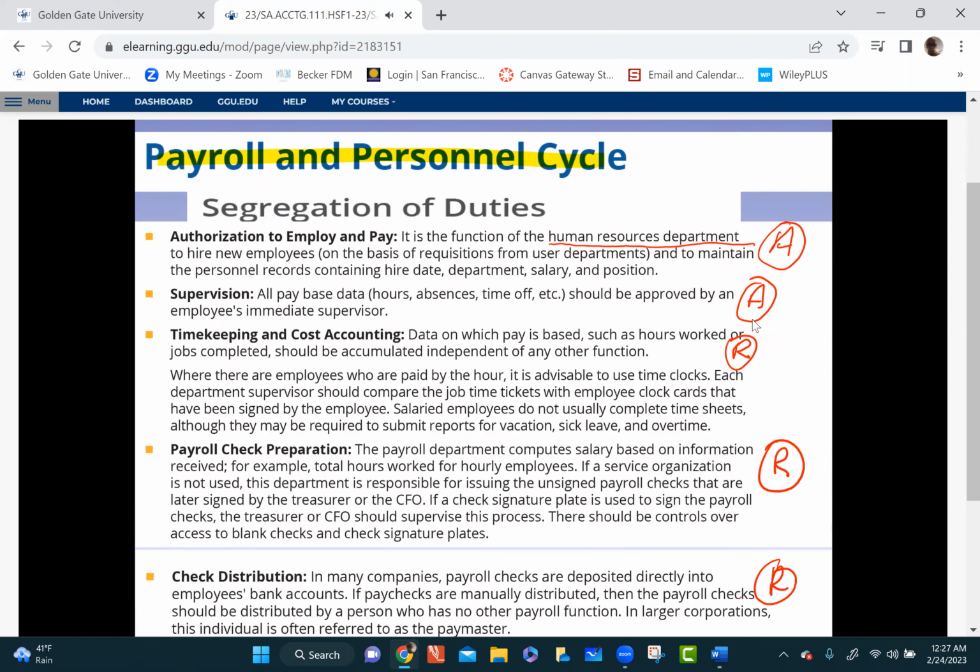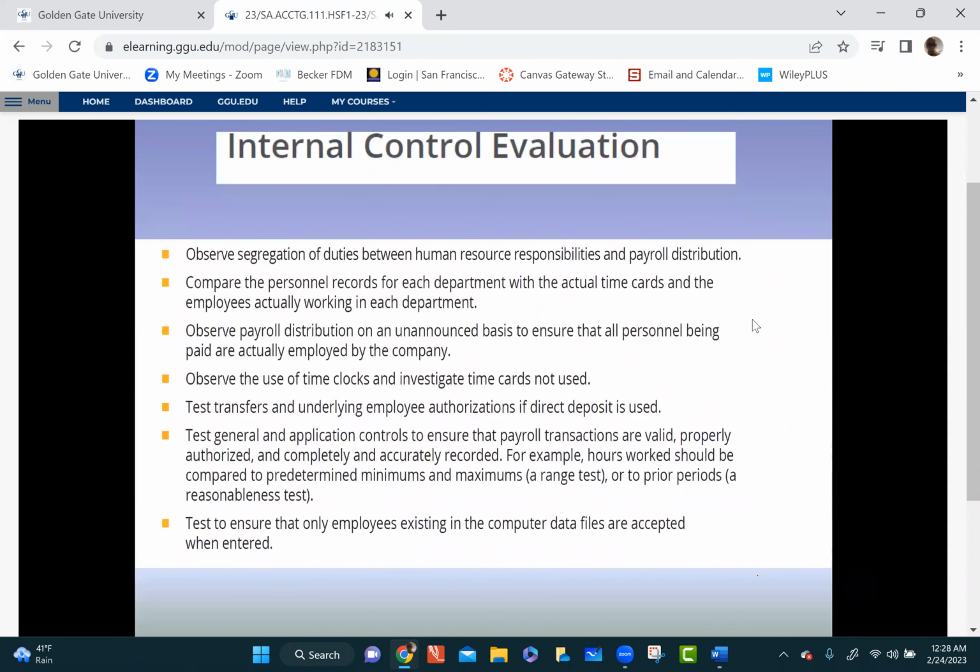But when I say record keeping, the actual check distribution is going to be what? Custody, right? You have a paycheck with somebody's name on it, you hand it to them. That's a custody issue. And again, these days with direct deposit, there are other ways to get around looking at check distribution because most companies don't hand out physical checks anymore.